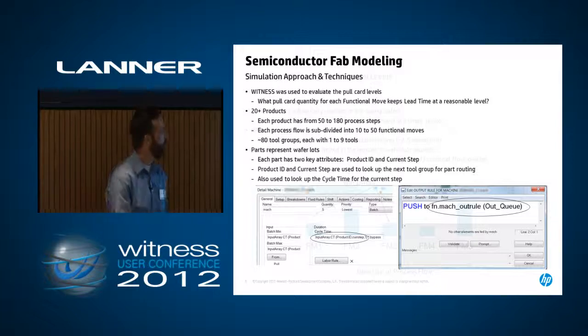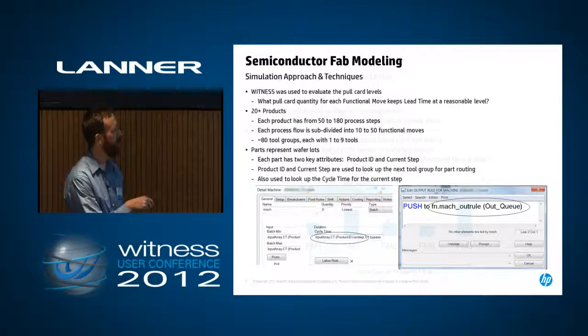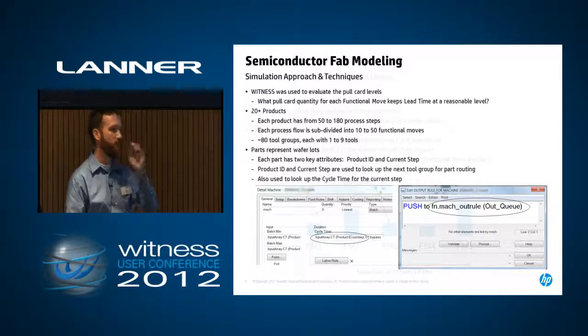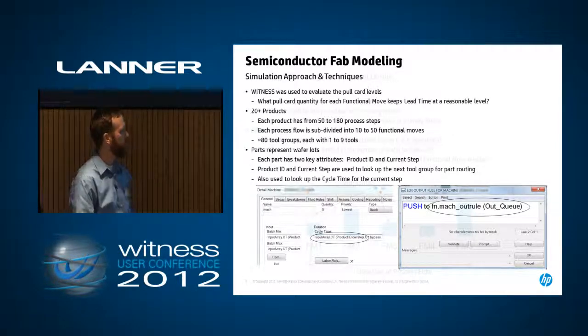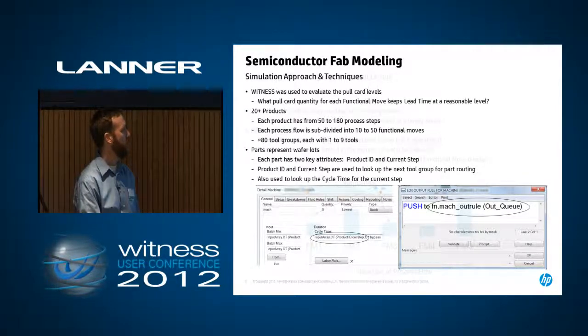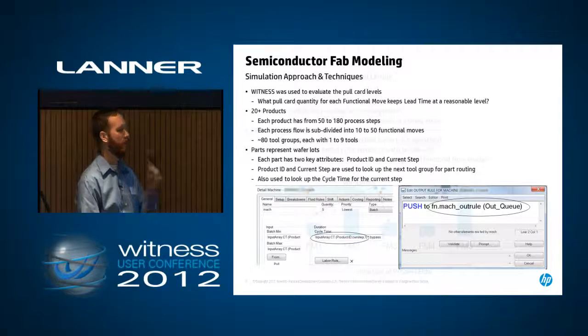So what I needed to do was develop a method to be flexible about how parts are routed through the model. And additionally, these products are always changing. They're always changing their process flows because we're doing new product development, and new products are constantly coming in and replacing them.